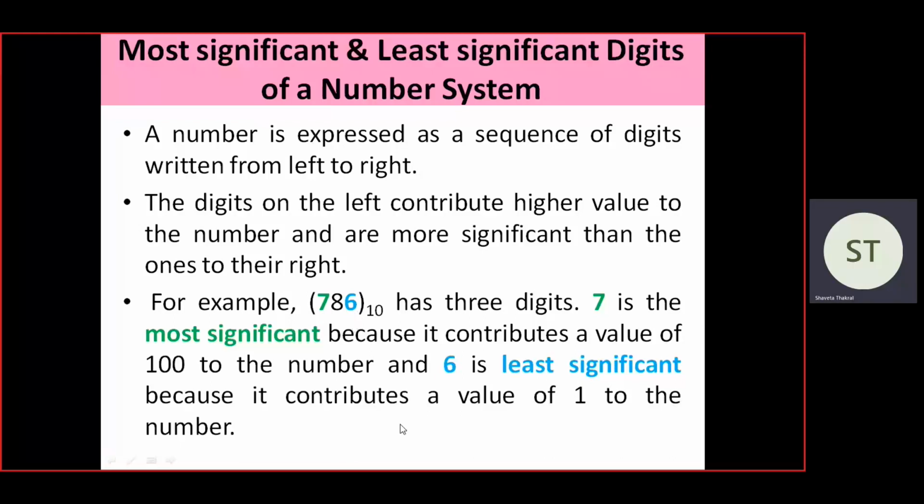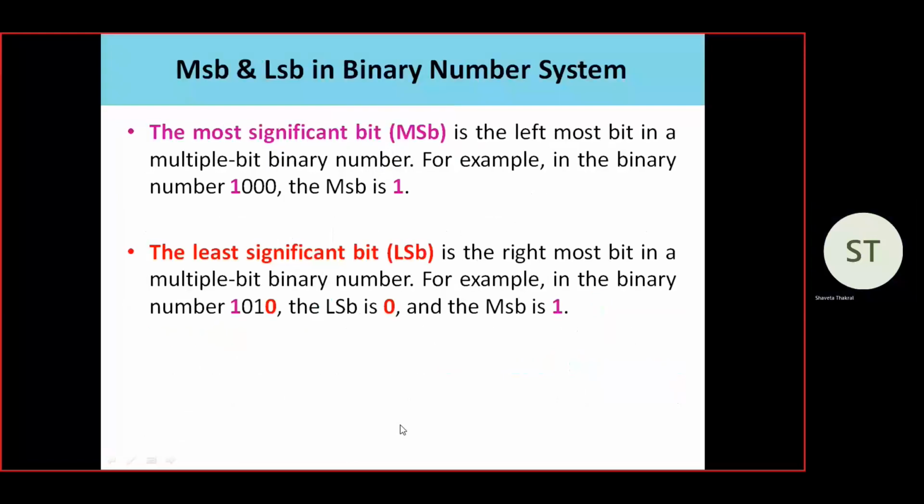In the same way, if we go for the binary number system, the binary digit is called a bit. The short form of binary digit is bit. So here the most significant digit is also called the most significant bit.